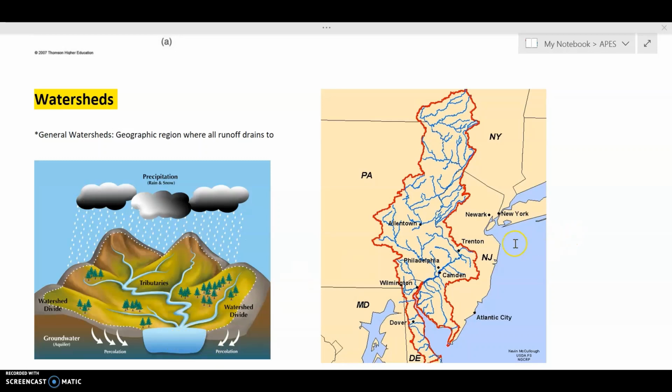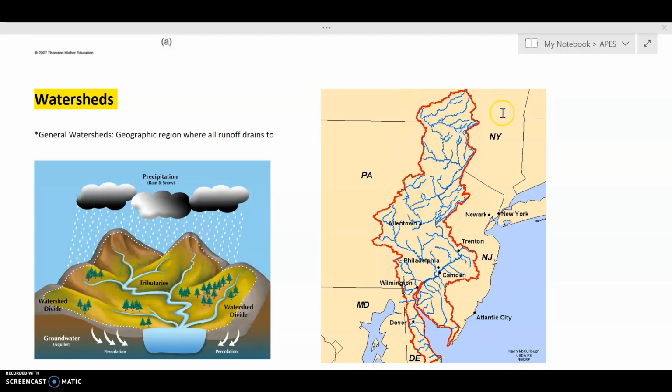Here we have a prime example of a watershed in the area I live in. So here is the Delaware watershed, also called the Delaware River Basin. River basin and watershed are sort of interchangeable. So as you can see right up here, we have mountains and areas of high elevation.